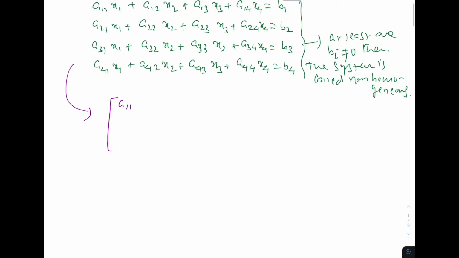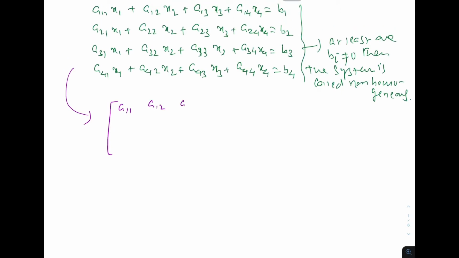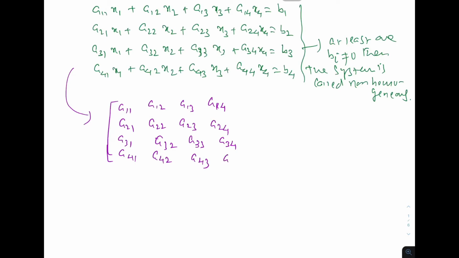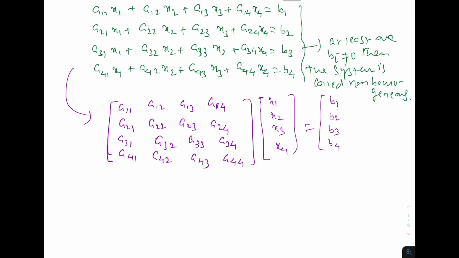Say the coefficients a11 a12 a13 a14, a21 a22 a23 a24, a31 a32 a33 a34, a41 a42 a43 a44, and one column matrix of variables x1 x2 x3 x4 equal to the column matrix b1 b2 b3 b4.